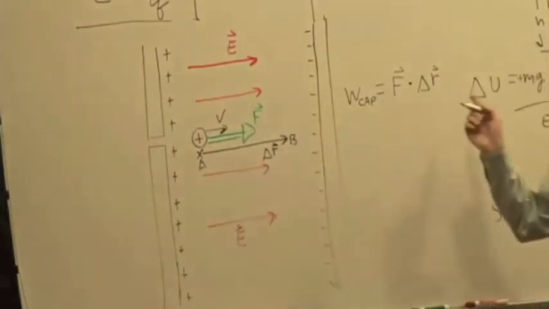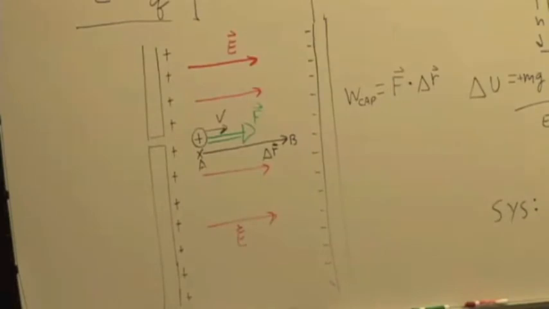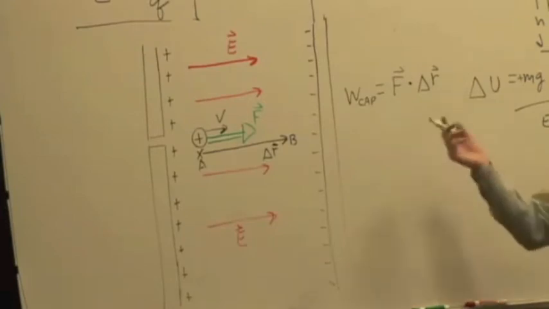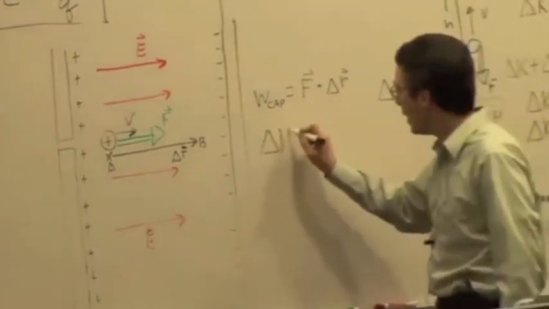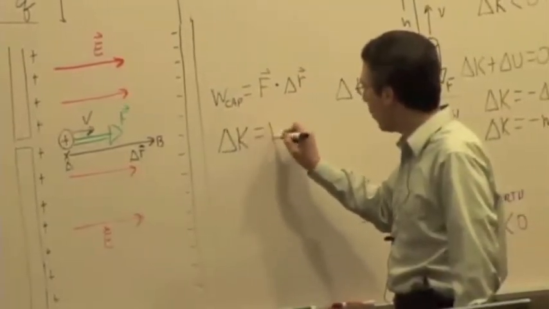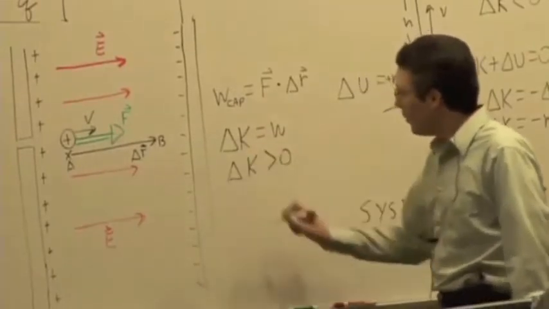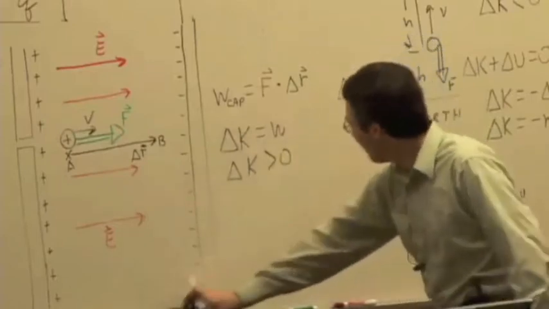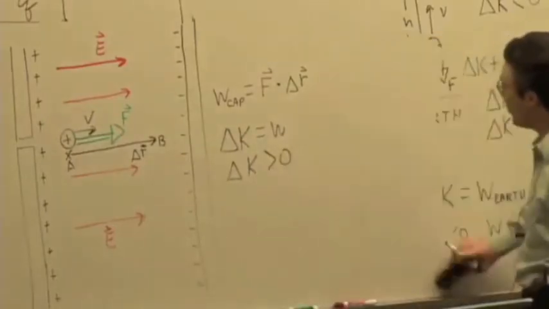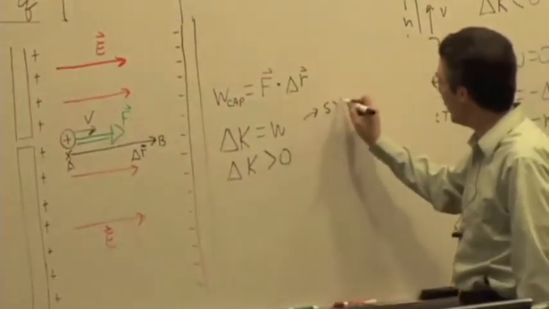So is the work positive or negative? Work is positive, right? It's pushing in the same direction as the displacement, so it's going to speed up. Delta K is equal to the work, so delta K is greater than 0. I'm being a little bit loose with the system choice here. This is the system of just the proton.